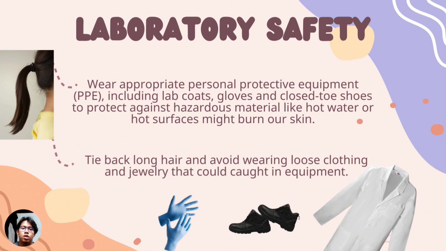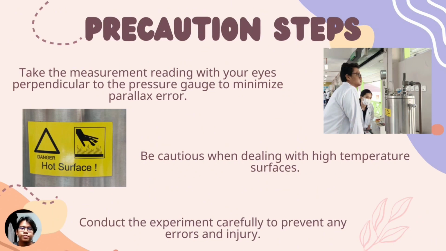Tie back long hair and avoid wearing loose clothing and jewelry that could get caught in equipment. For precaution steps, take the measurement reading with your eyes perpendicular to the pressure gauge to minimize parallax error. Be cautious when dealing with high temperature surfaces. Conduct the experiment carefully to prevent any errors and injury.